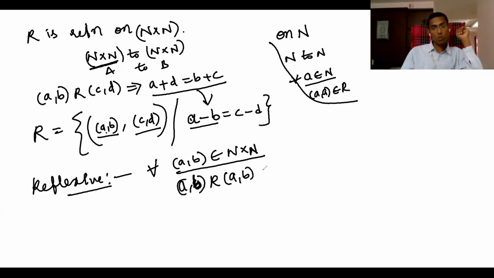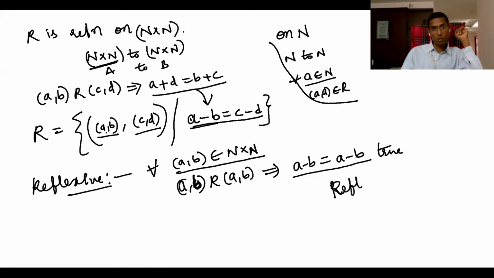Is it true or not? If you apply this relation, (A, B) means A minus B, and (C, D) means C minus D, so A minus B equals A minus B. This is true. Therefore it is reflexive.